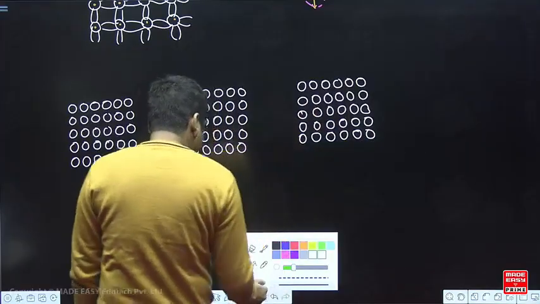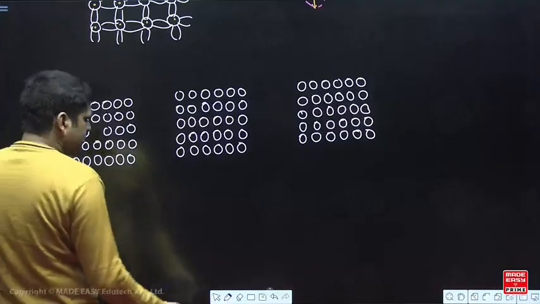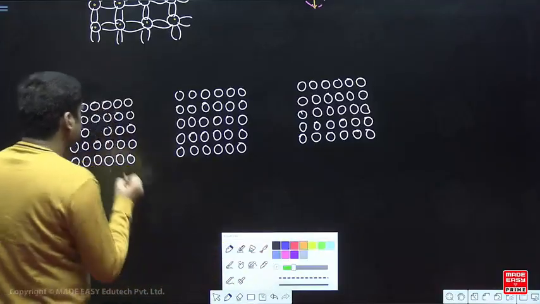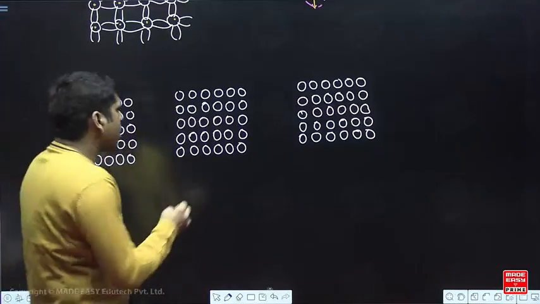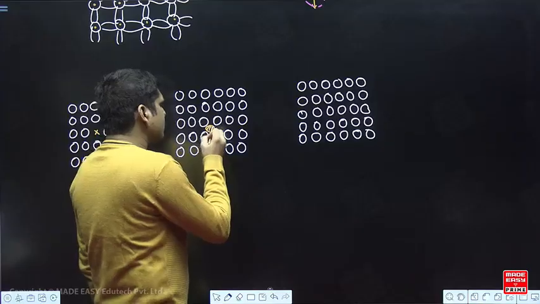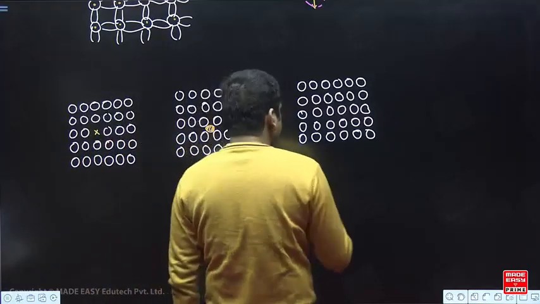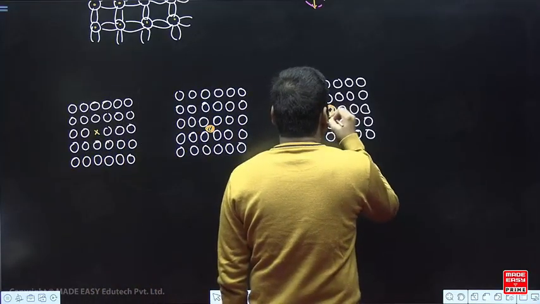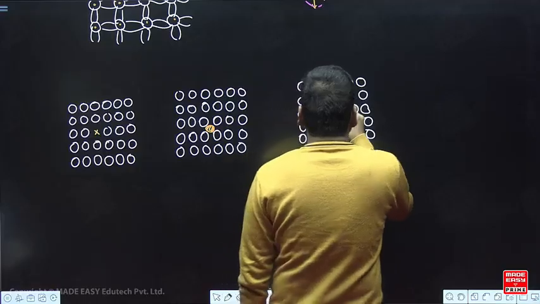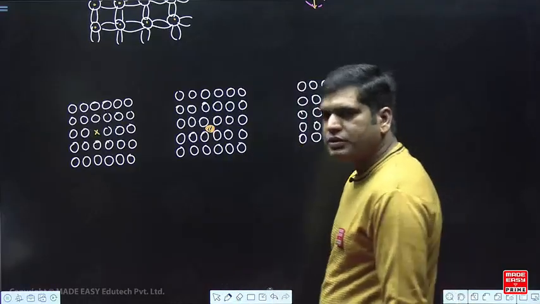Suppose you have a vacancy defect, meaning one or two atoms are missing from their lattice point. So here a vacancy is found, or you have an interstitial defect like this, or you have a substitutional defect like this. These are the three broad categories of defect.